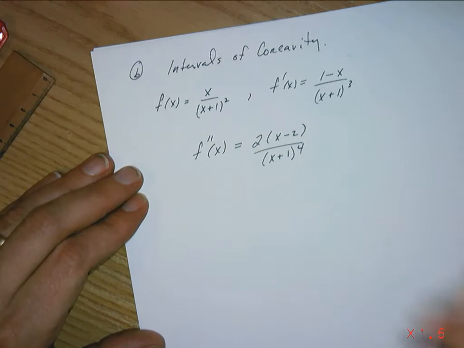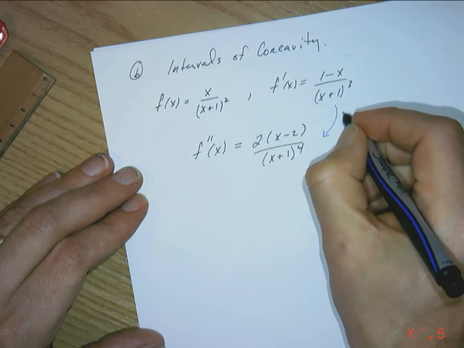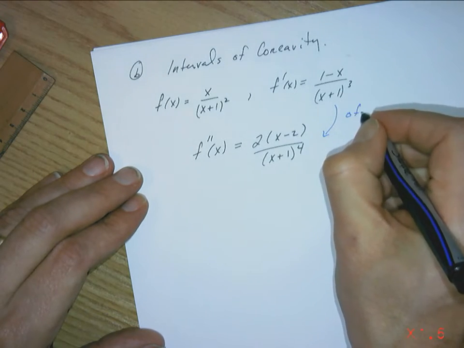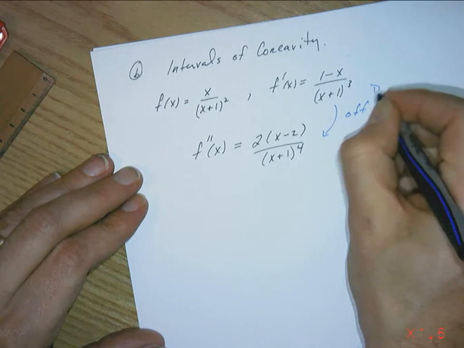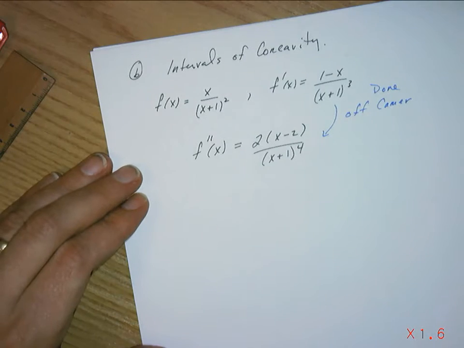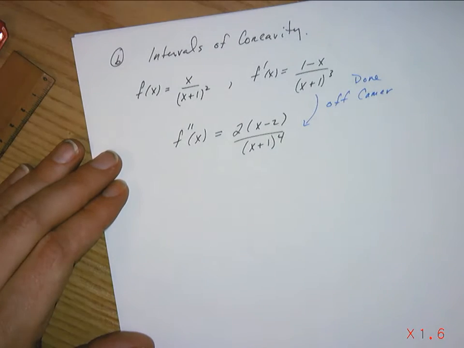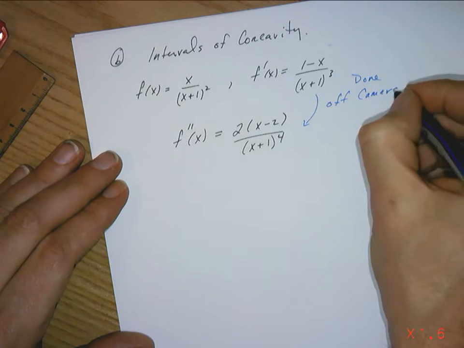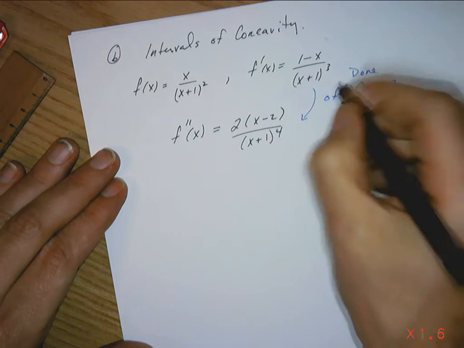And again, that was done off camera, but it is a skill that you're expected to have. Make sure that you can do it. This is a skill you must be able to do.